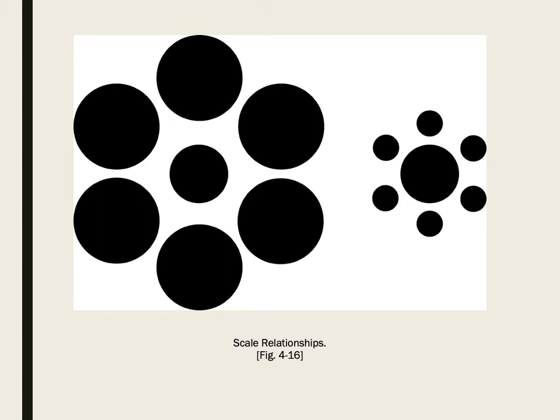If you're looking at the scale of the two circles on the left and right sides, you see that both of them are the same size. But the right one looks larger because we are comparing it with smaller circles, and the left one looks smaller because we are comparing it with larger ones.